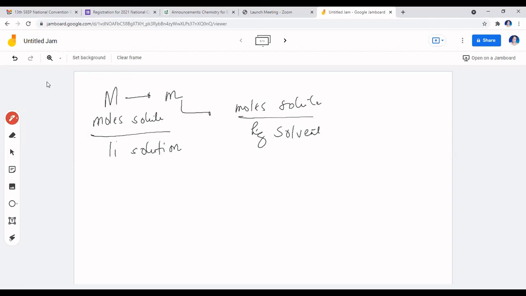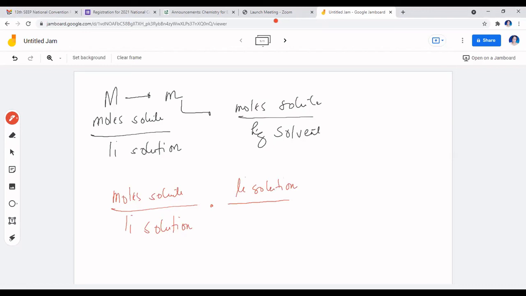Like a while ago, we started with the unit for molarity. So I have moles solute per liter of solution. Okay, now somebody wrote in the chat box. Okay, we'll see. Now you have to divide this by the density, which is kilogram per liter of solution.